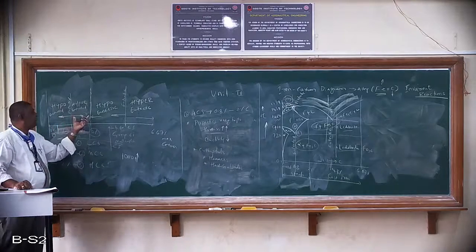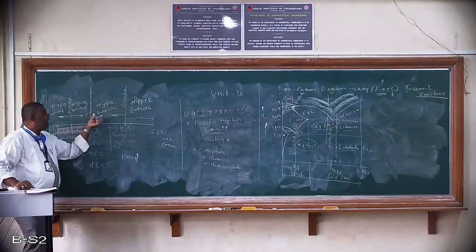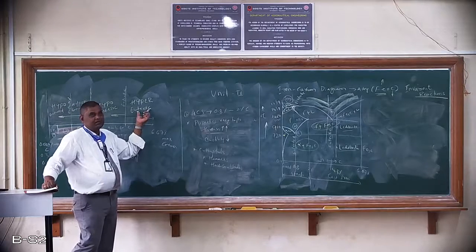So it is further classified as hypoeutectoid steel, hypereutectoid steel, hypoeutectic steel, and hypereutectic steels.